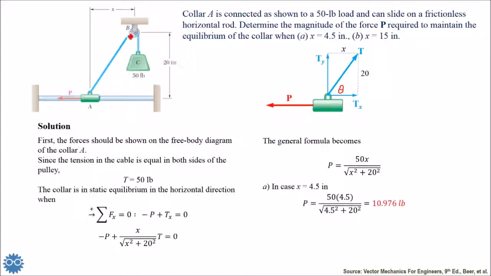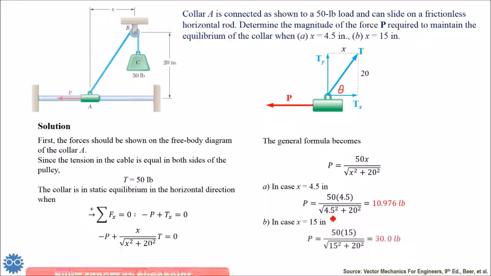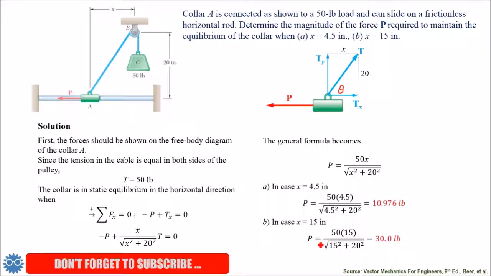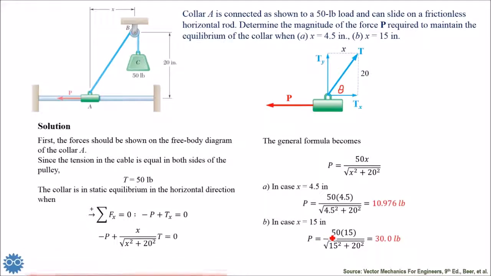When we have a large distance, in case x equals 15, P will be equal to 50 multiplied by 15 over the square root of 15 squared plus 20 squared, and we'll get the value of 30. So the key to this problem is that it's very simple. It's related to trigonometry, but you should be careful when you find the relationships.